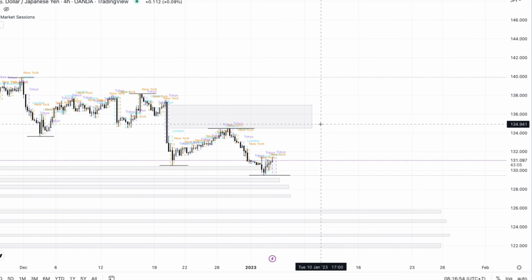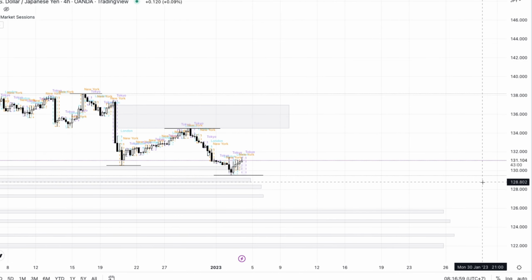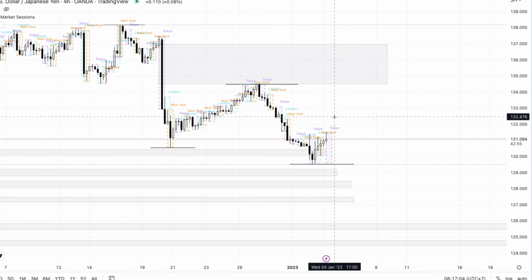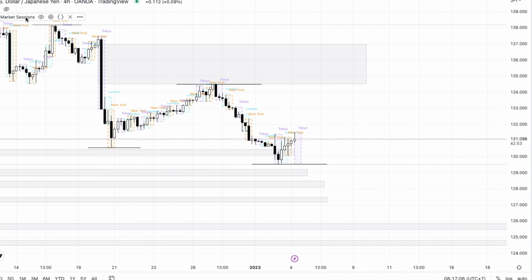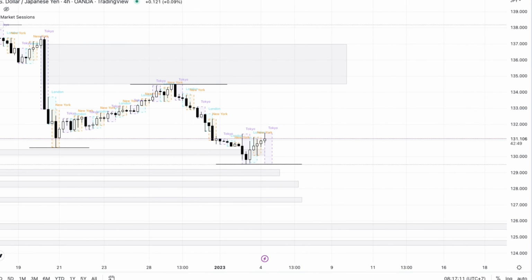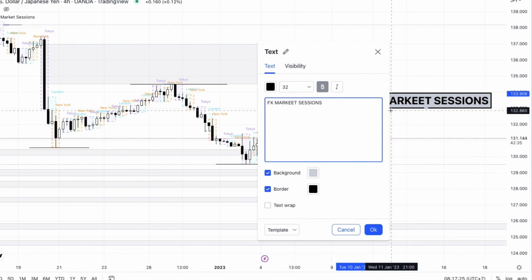Oh, and if you're wondering which indicator I am using, it is called FX Market Sessions. What you're going to do is head over to TradingView, click on indicators, and type FX Market Sessions. That's all you're going to do, and it should just pop up.